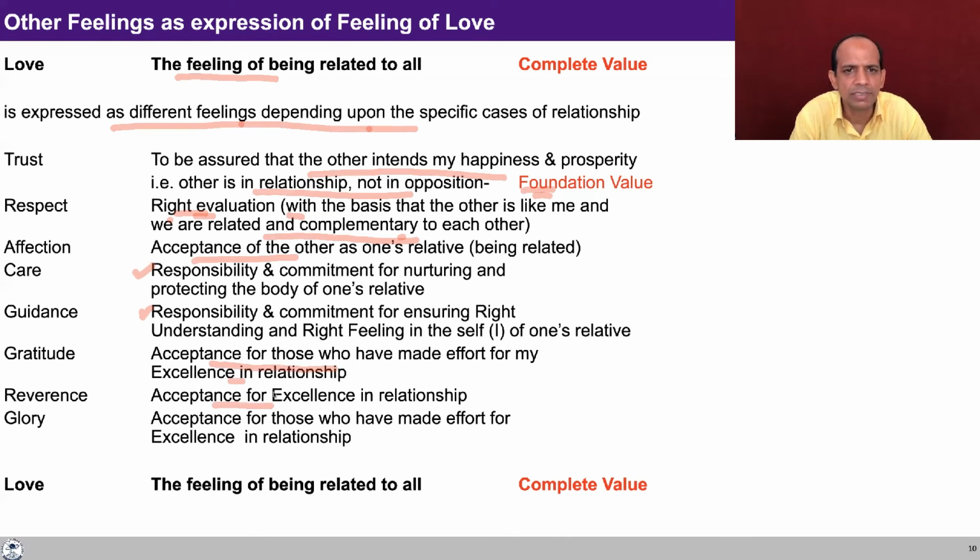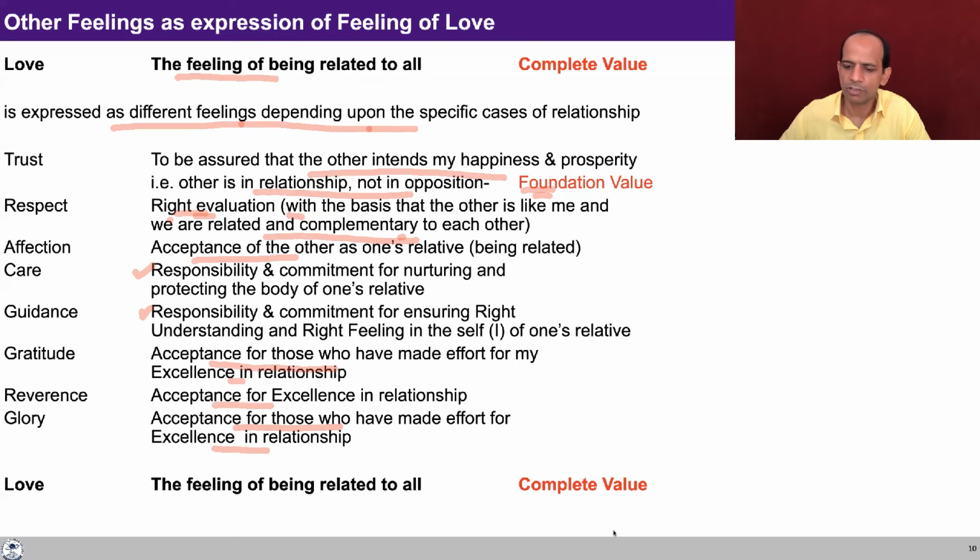This acceptance in me is seen as reverence. I naturally have the feeling of reverence. And glory means that I'm able to accept the effort that the other person has made for developing excellence within oneself. And then I accept the efforts made by the other. That is the feeling of glory.